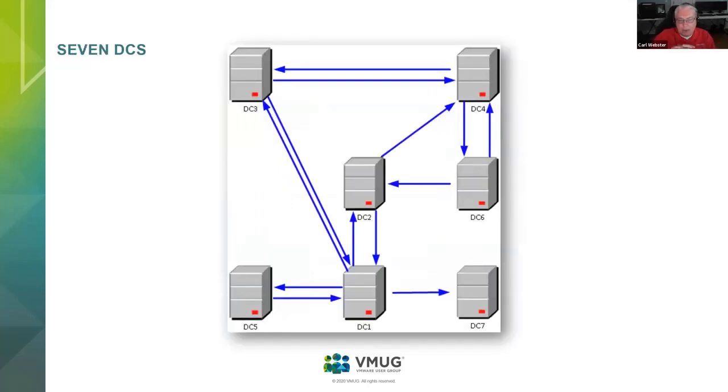So if we go to 7 DCs, now in this case, DC7 is a read-only domain controller. Fortunately, most people have gotten away from read-only domain controllers because they're actually more trouble than they're worth. Most applications, including those from VMware and Citrix, desire a read-write domain controller.